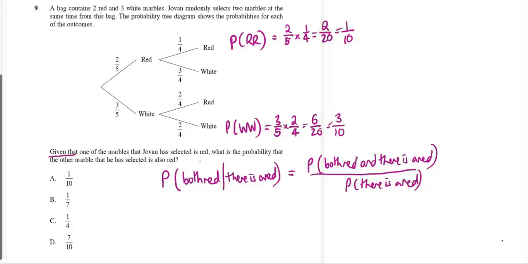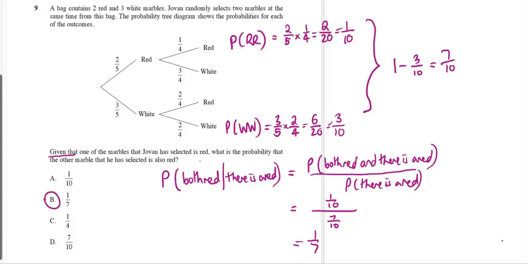The probability there is a red is all of these cases, which is just 1 minus the white case, which is 7/10. The probability that both are red and there is a red, we've already worked out, is 1/10. So the numerator is 1/10 and the denominator is 7/10. So the answer is 1 on 7. The answer is B.